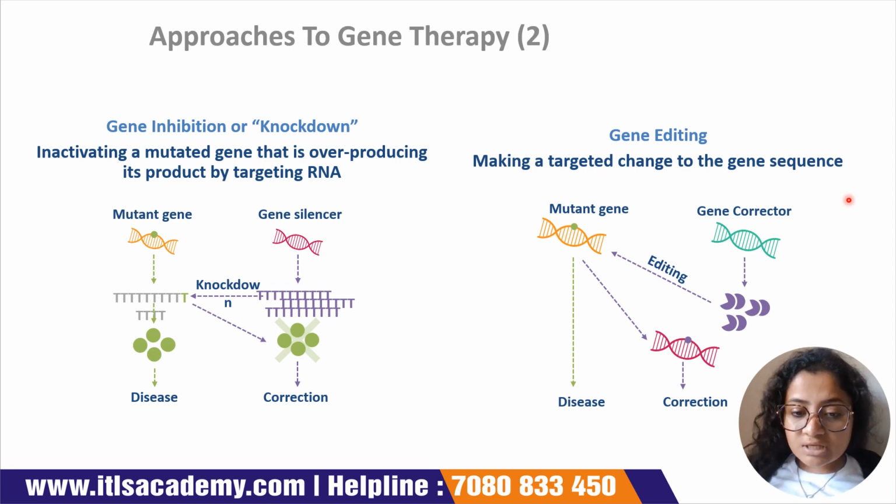Okay, so see again, we have the mutant gene which is causing the disease. So we take a gene corrector, it causes some editing, as a result of which the mutant gene is now corrected. Okay, so these are the four main techniques: gene replacement, gene addition, gene knockdown, and gene editing. Four prominent techniques of gene therapy.